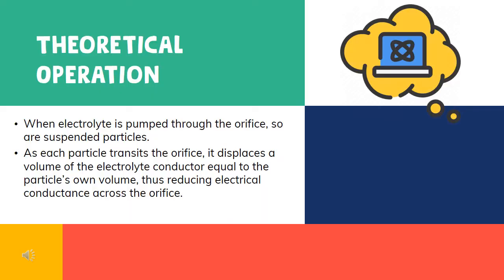To understand the concept further, let us consider the theoretical operation given by Micromeritics Instrument Corporation. First, as electrolyte is pumped through the orifice, so are suspended particles. As each particle transits the orifice, it displaces a volume of the electrolyte conductor equal to the particle's own volume, thus reducing electrical conductance across the orifice.